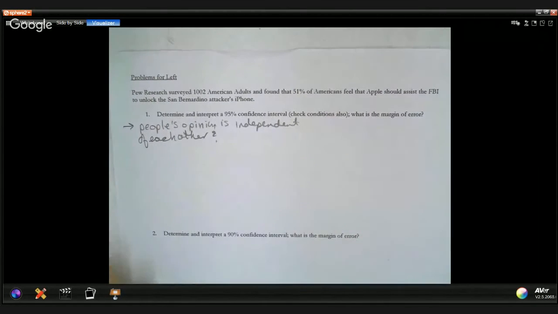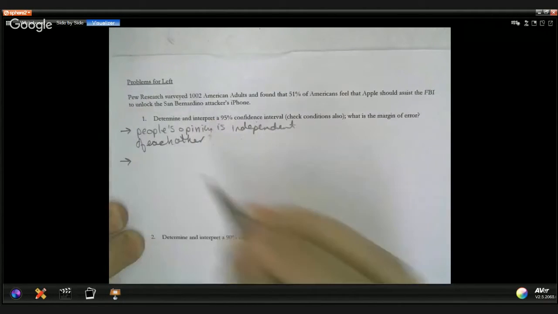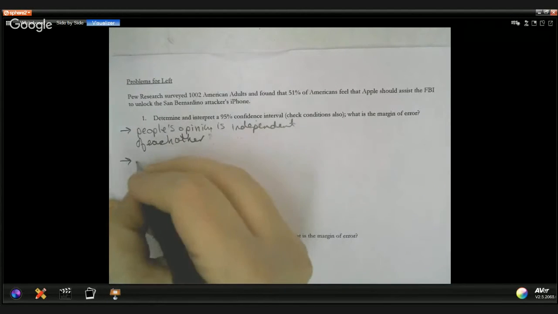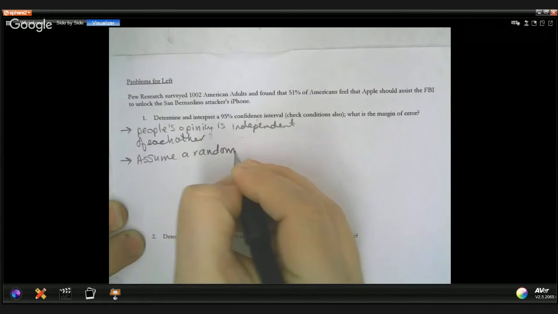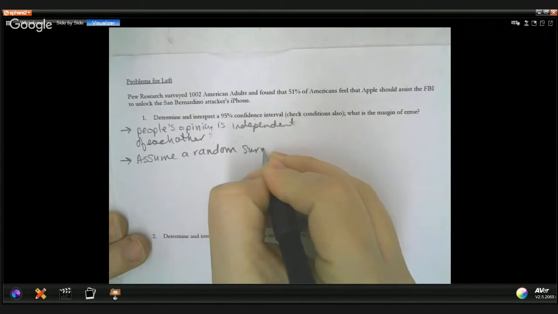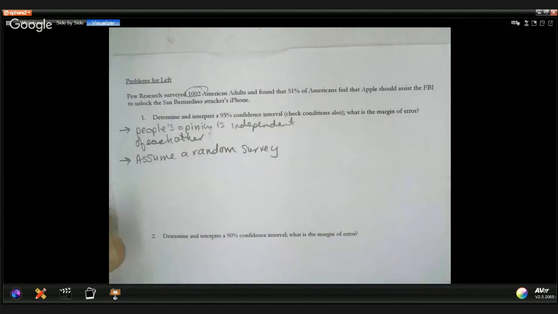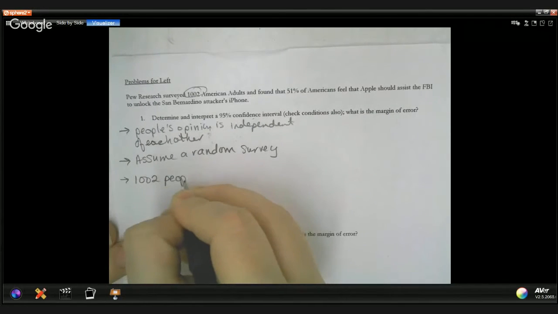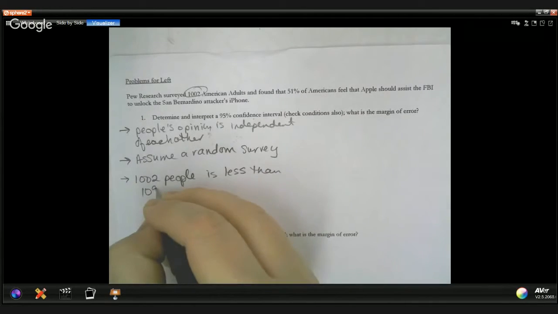We also know that it is random because Pew Research probably did a random survey, we can assume that even though it doesn't say it, because it's a pretty reputable survey company. The next thing we have to say is 1,002 less than 10% of the population? Yep. 1,002 people is less than 10% of the population.